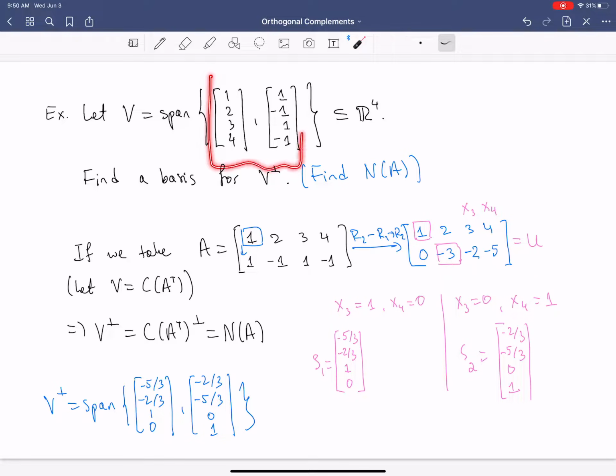Literally put those vectors to be the rows or the columns of your matrix A, and then all of a sudden your V becomes one of the 4 fundamental subspaces that we've studied. We know how to find their orthogonal complements.